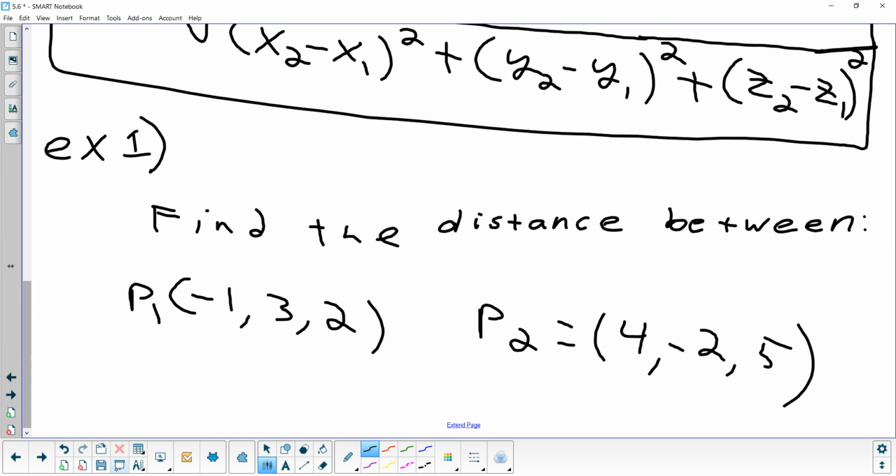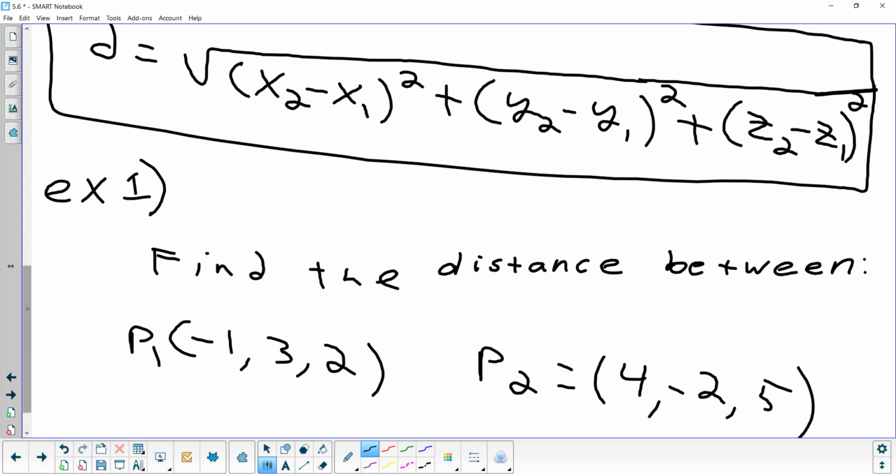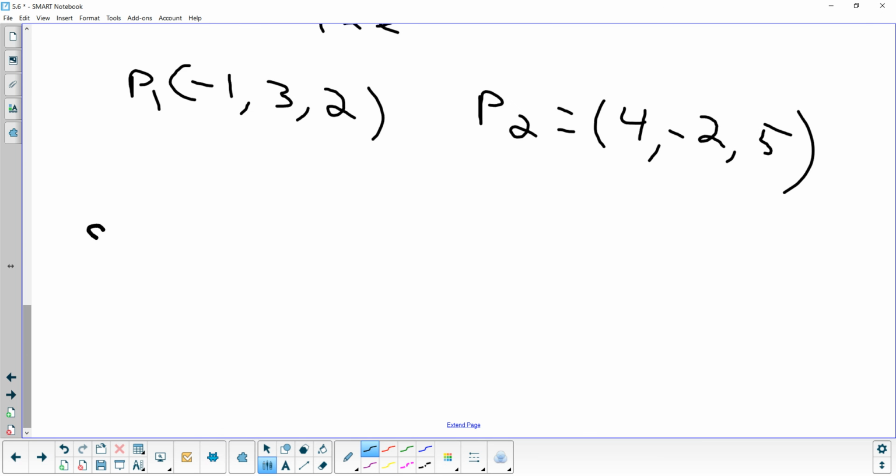All right, so let's see if we can find the distance. Ben, if I want to find the distance between those 2 points, what's the first thing I should write down? We're going to have to leave a lot of room underneath it. The formula? Yeah, what's the first thing you would write down in that formula? Oh, x2 minus x1. Even before that, what else do you need? The distance? Okay, yep, so the distance equals.